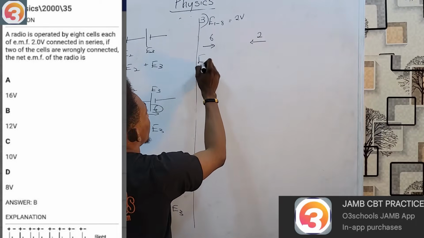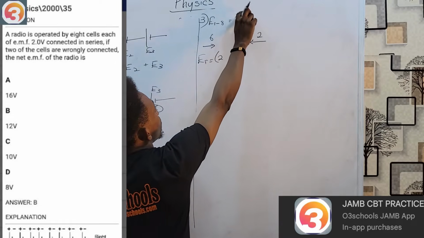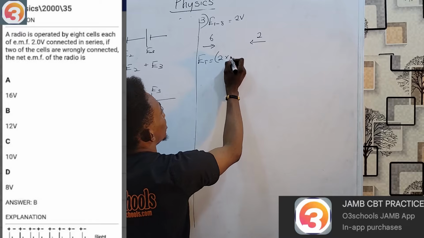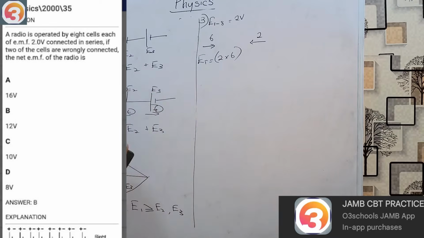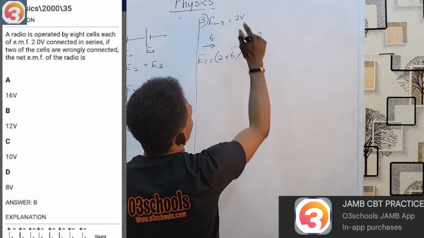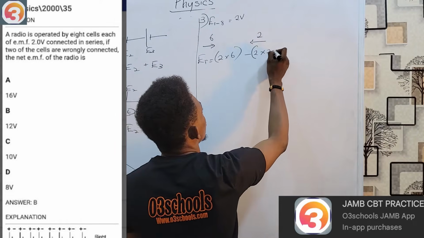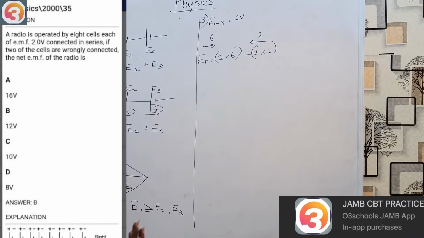Therefore, my net EMF will be 2, the EMF of each, times 6, which are facing the correct direction, minus 2, the EMF of each, times 2, which are facing the wrong direction.